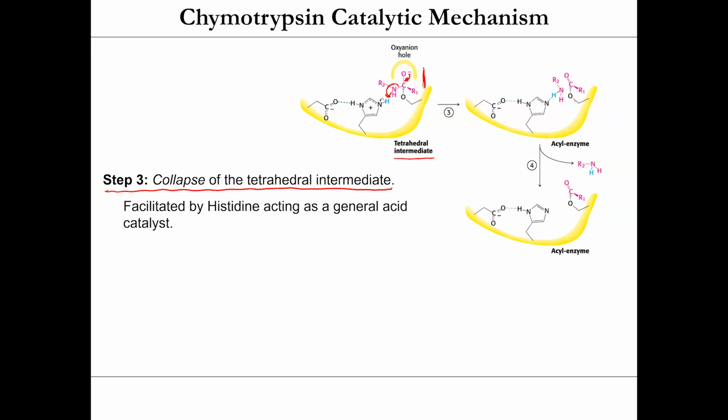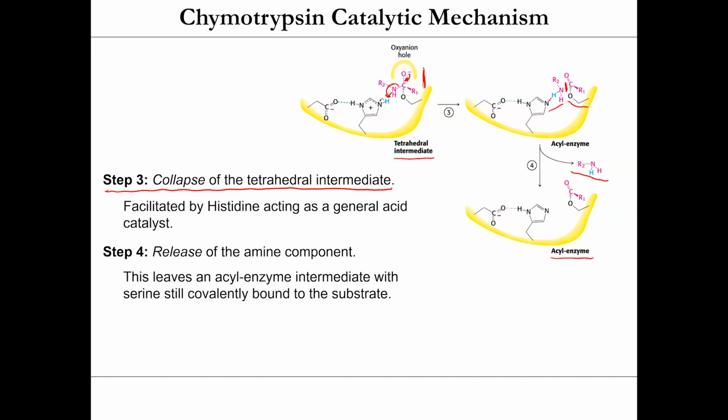And so this will make two different species, and one of which, the amine component, is going to be interacting with the proton on histidine, and that peptide bond, as you can see here, is going to be lost. And so that amine component is then going to be released, and that leaves an acyl enzyme intermediate with serine covalently attached to the carbonyl part of that peptide.